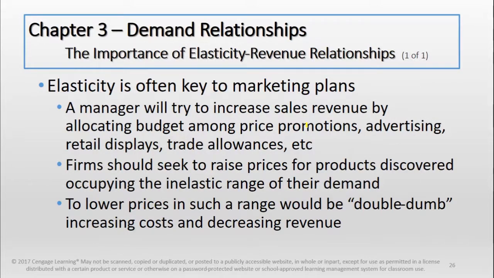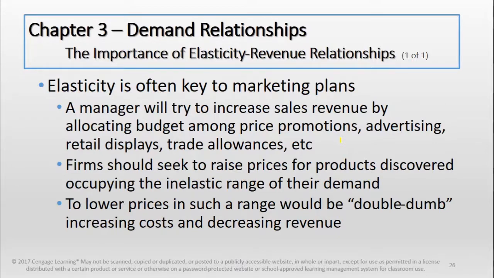So, the importance of the elasticity revenue relationship. Elasticity is often key to marketing plans. A manager will try to increase sales revenue by allocating budget among price promotions, advertising, retail displays, and trade allowances.